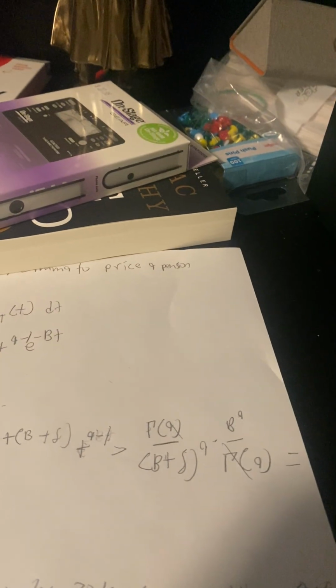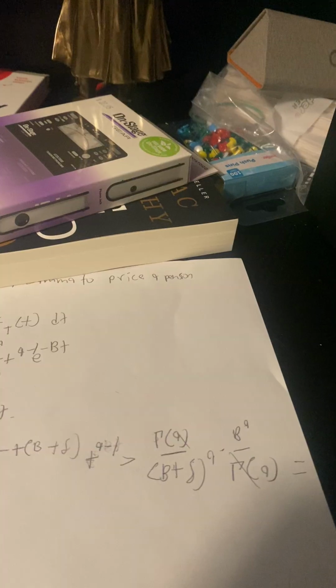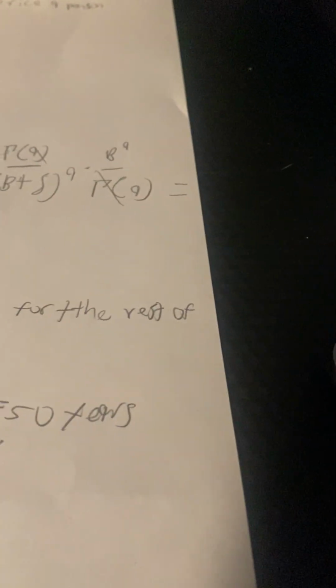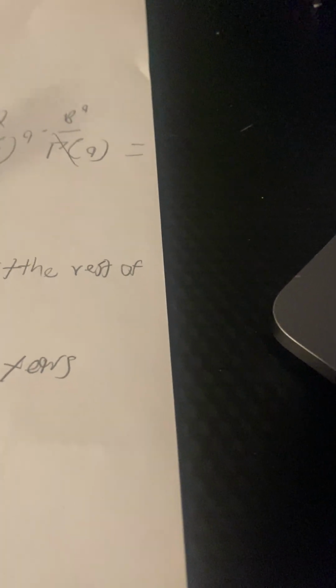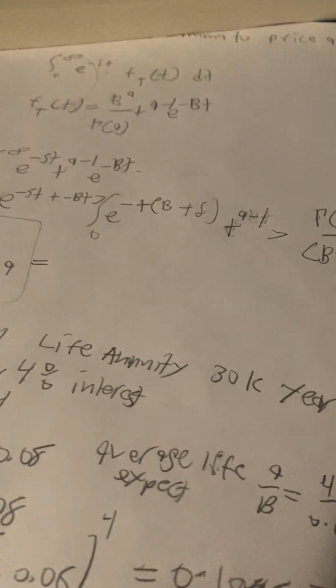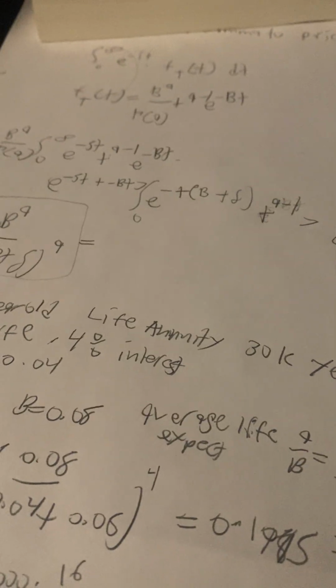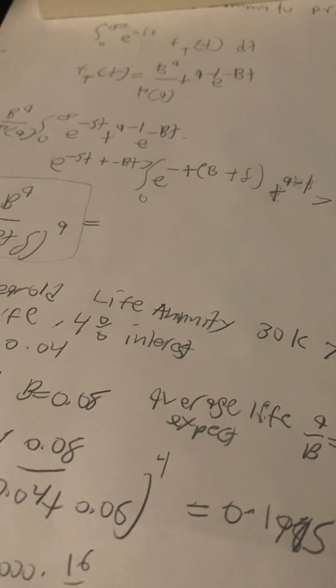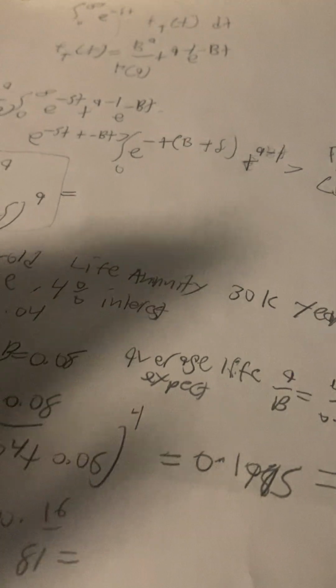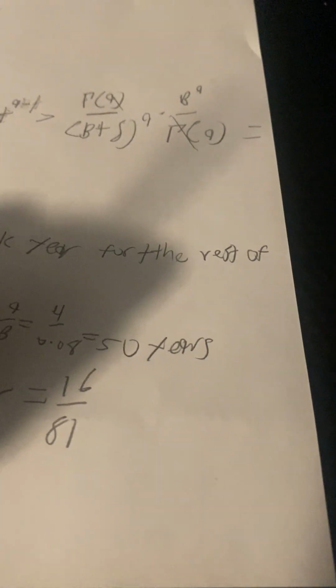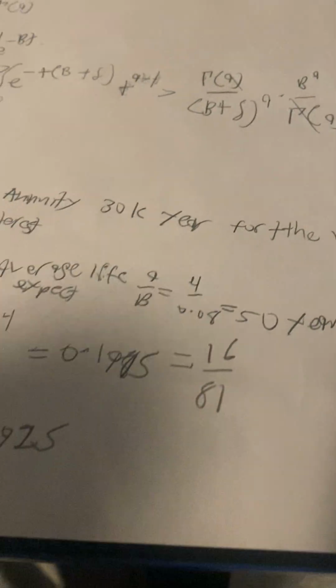So now what? So I guess basically we just have to multiply this by the final amount. So 30,000 times 16 over 81 is equal to about $5,925.